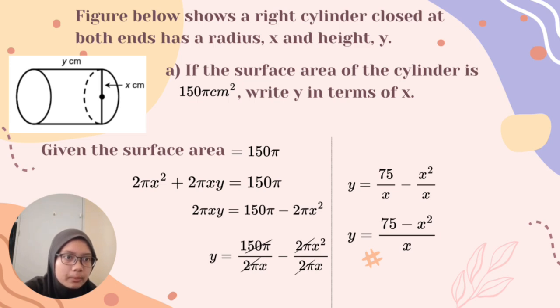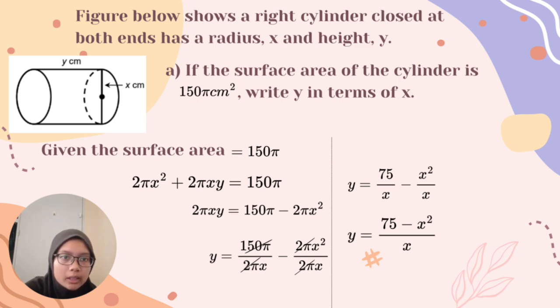So we get 2πx² + 2πxy = 150π. Next, we isolate the term involving y by subtracting 2πx² from both sides. So now we have 2πxy = 150π − 2πx². Now we can divide everything by 2πx to solve for y.